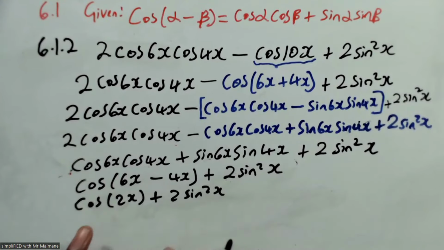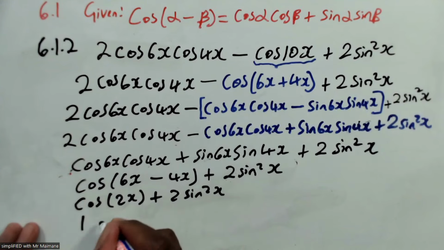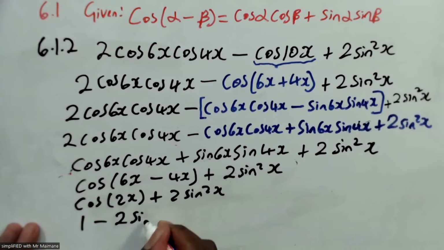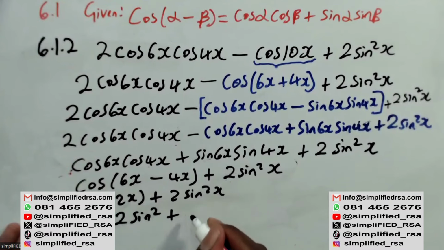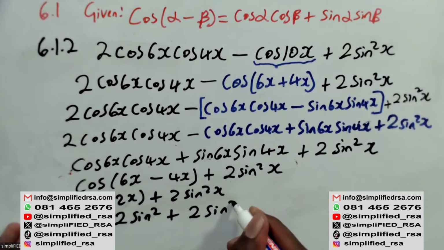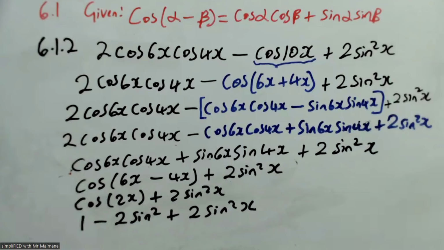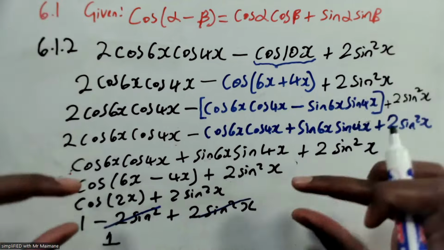Cos 2x according to double angles, I know that's the same as 1 minus 2 sine squared x, plus 2 sine squared x. And then we can see clearly that this will cancel that. Therefore, our simplest expression is just going to be 1, just like that. So to simplify this, you will have 1.